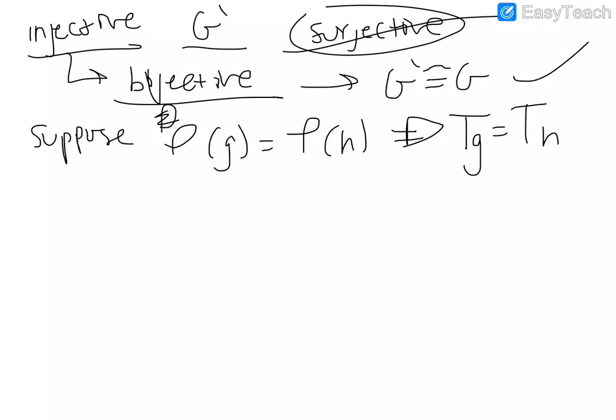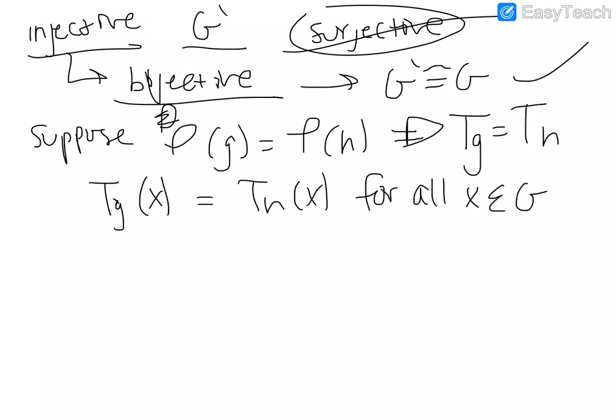We know that two functions, so T sub G and T sub H, are only the same if they completely agree on all given elements within the domain. So we'll have T sub G of X is equal to T sub H of X.